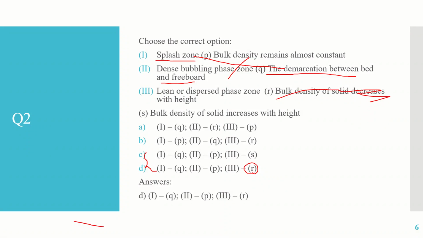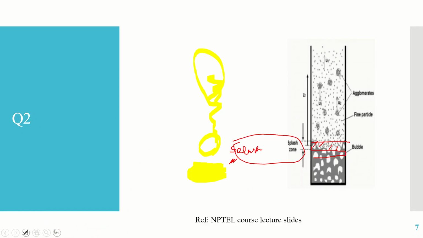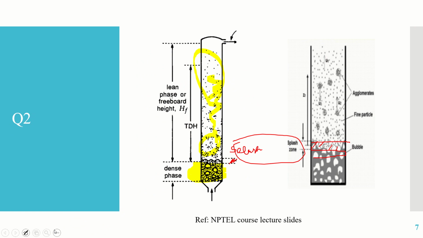So it is matching here. Okay. So it is matching here itself. So 3 and R. So that's it. I hope you all understood this. Just look at it for once. Both the images are taken from the lecture.